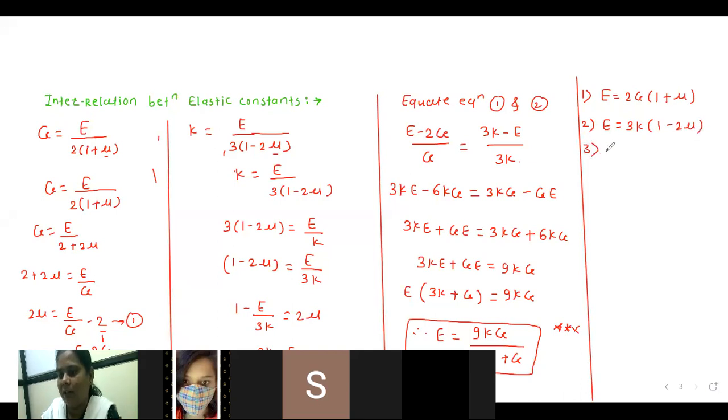And the third equation: E is equal to 9KG divided by 3K + G. These three equations are most important if you are going to give any competitive examination or GATE examination; definitely one equation will be asked in the objective. So these are the three equations you have to remember.